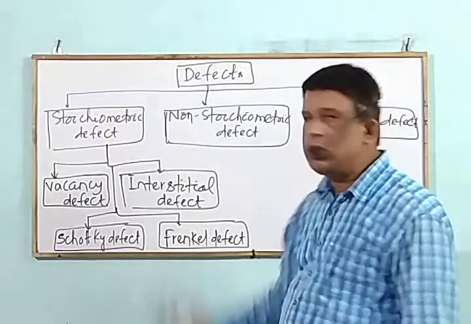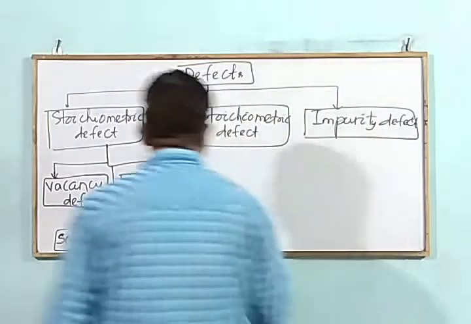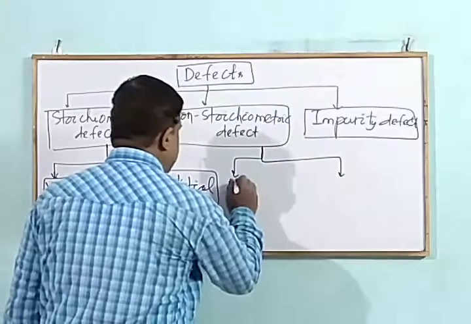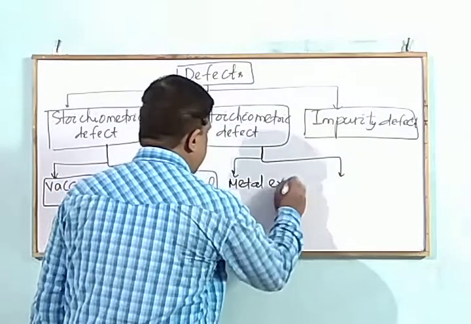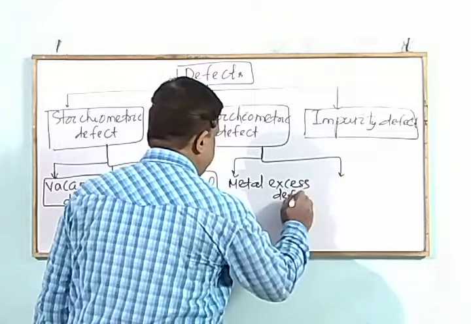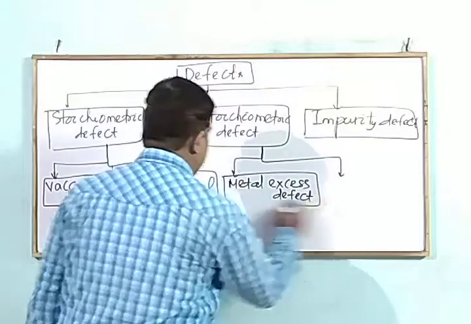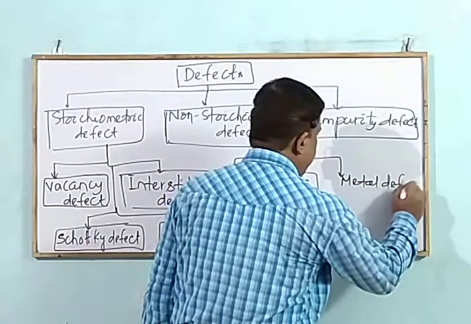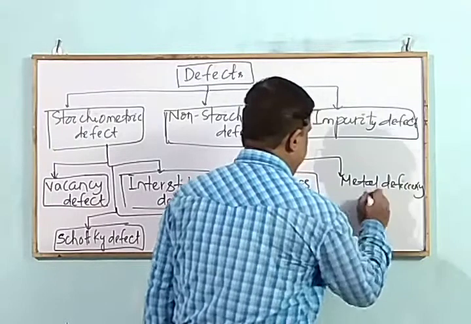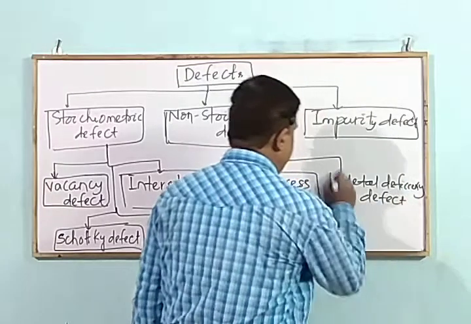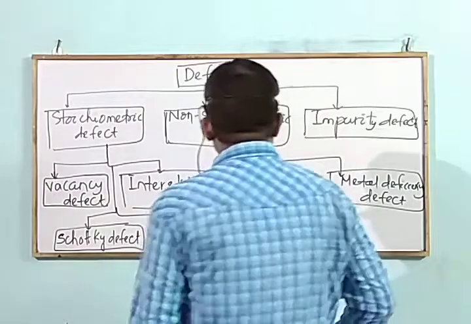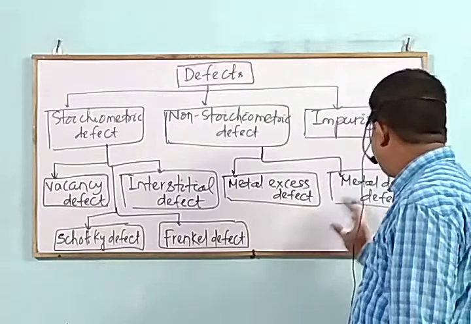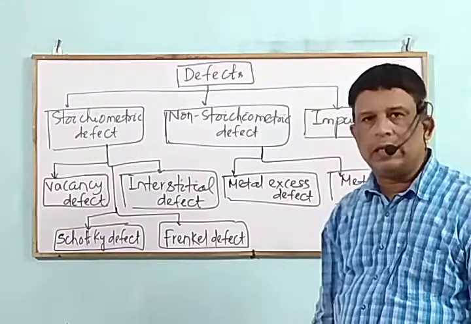Next, come to the non-stoichiometric defect. It is of two types: one is known as metal excess defect, and one is known as metal deficiency defect.